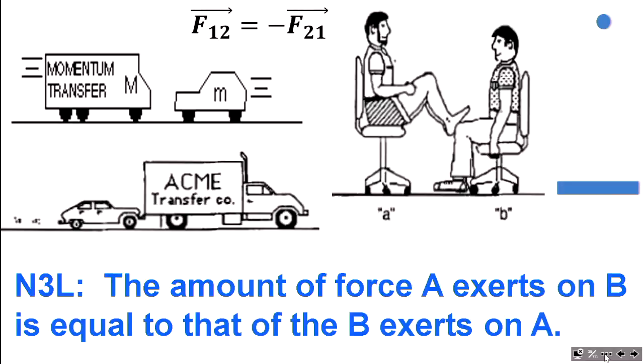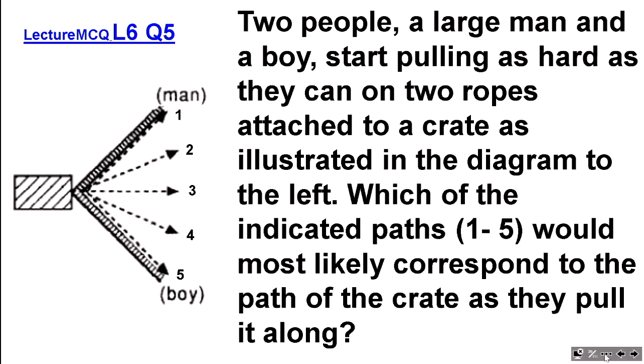Why would the ball bounce off the table? Well, when the ball hits the table, the table hits the ball, and that force makes it travel upward. Now, no question, don't ask it, just tell me what you think. So what's happening here? The heavy object, a crate, and two people pull on it.